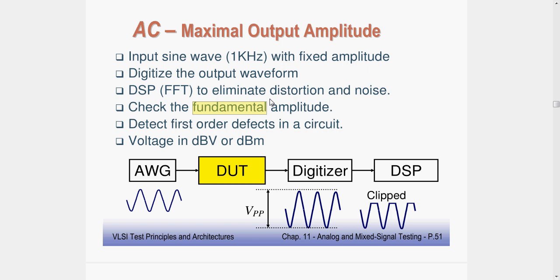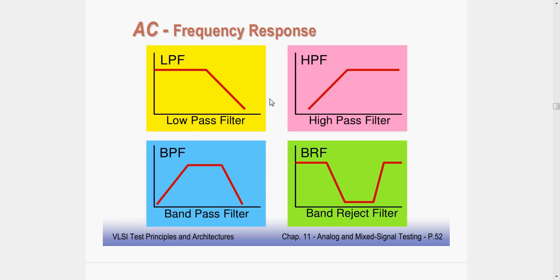Next we are going to consider the frequency response. Why are we considering the frequency response? From the basic amplifier up to the filters, which is more important? Analog circuits are frequency dependent. Since we have frequency dependent circuits, we need to take the frequency response.